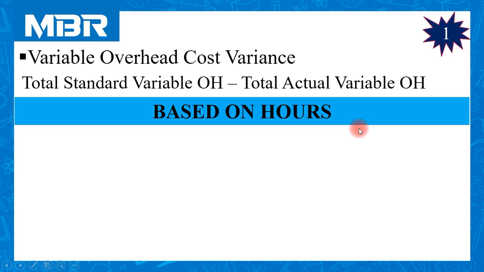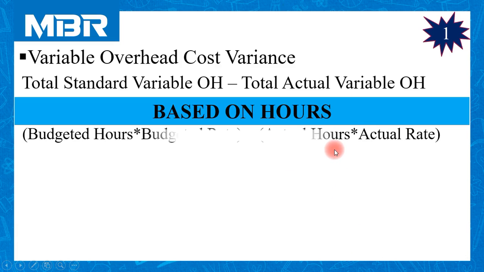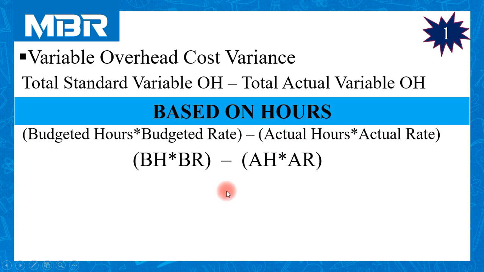But we will calculate our cost variance using both methods, so that we can cross check our calculation whether we are on the right track or not. Budgeted hours multiplied by budgeted rate minus actual hours multiplied by actual rate. BH into BR minus AH into AR.